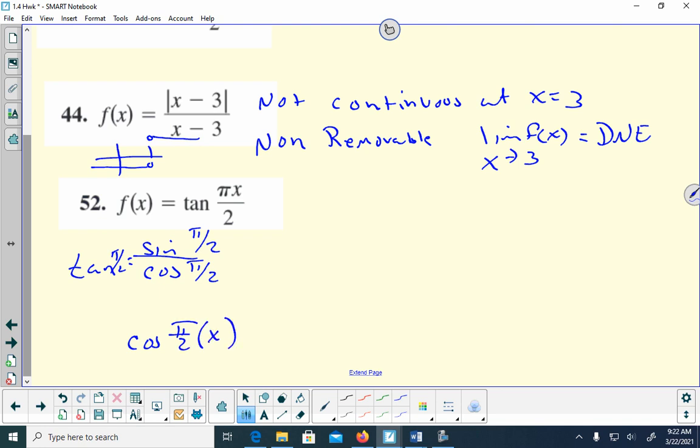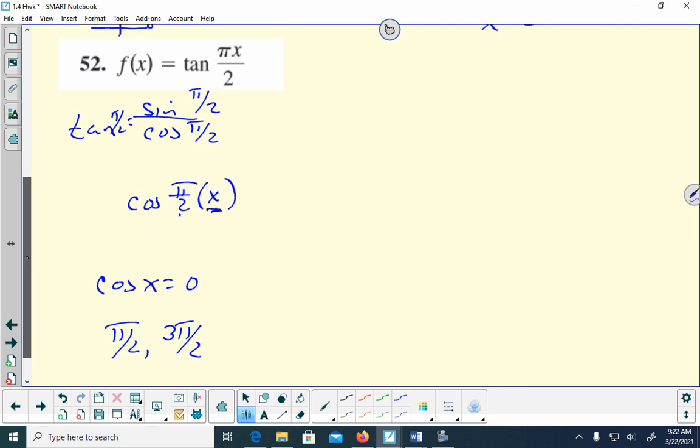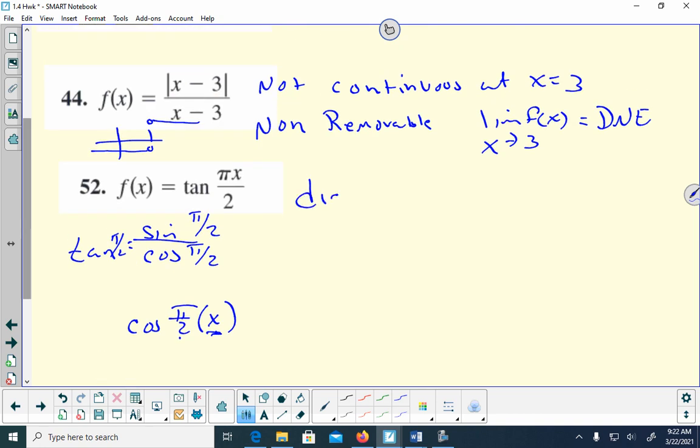The cosine is equal to 0 normally at pi over 2 and 3 pi over 2. So I'm taking x times pi over 2, and x has to be an odd number, because if it was an even number, then I would get 1 or -1. So I am going to say that this is discontinuous at odd numbers.